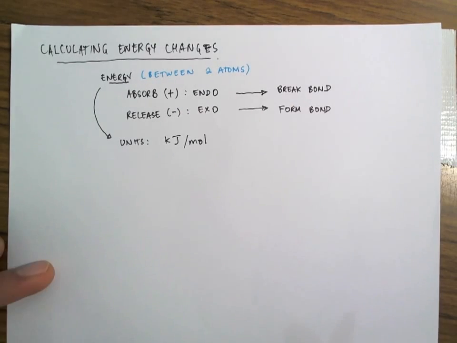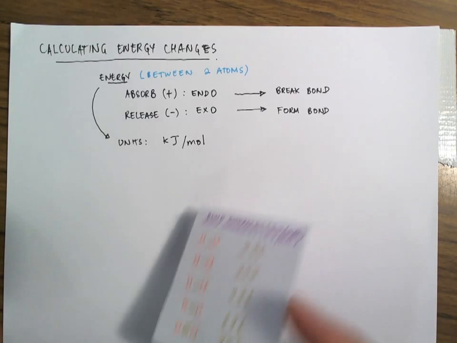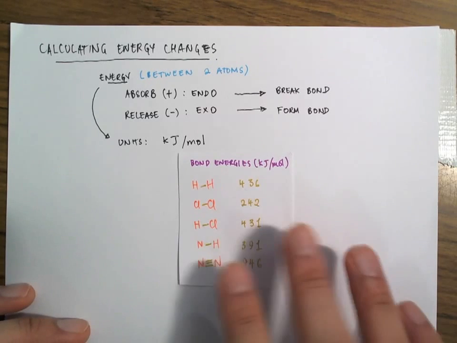And we'll take a closer look at what that means in a second. So typically energies between atoms are given in the table of bond energies, and this table will show you the energies between any two atoms, so the bonds formed between two atoms, and how much energy is needed to absorb to break those bonds. So by convention these energies are positive.